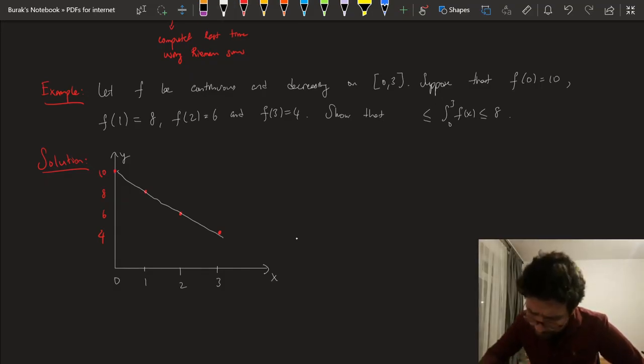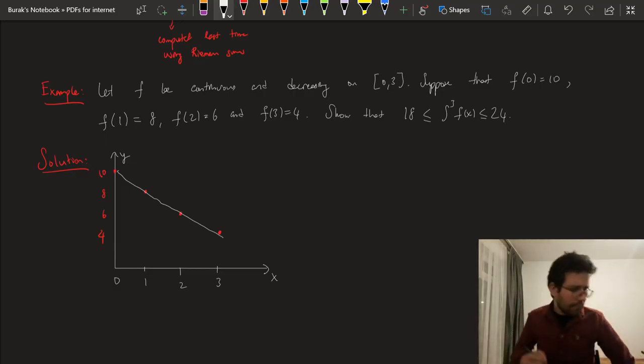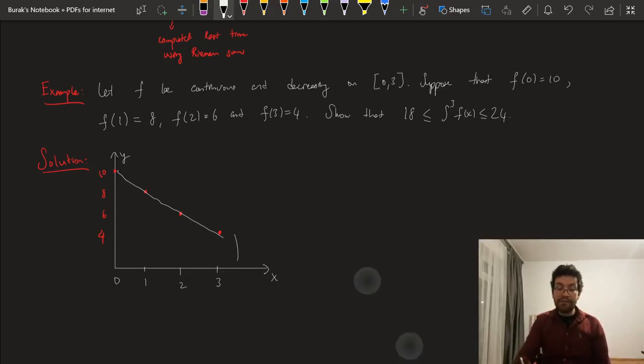This is very off, not 6 and 8. I am sorry for this. 18 and 24. I had some other numbers here. I'm sorry for that. Anyway, what was I talking about? Sometimes students just do this. I'm going to pretend that I have a line here, and then I get this trapezoid's area, which is what? 4 here, 10 here, 7 times 3, 21. So I proved that 21 is between 18 and 24.